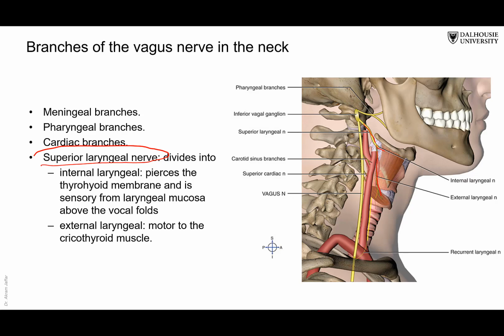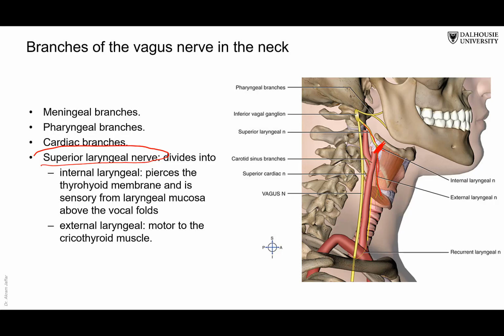I'm just passing rapidly because the details are going to be studied with the pharynx and larynx. But we are going to see these nerves today, okay? So it's called superior laryngeal and divides into internal, which disappears because it passes through a membrane here, which is called the thyrohyoid membrane.